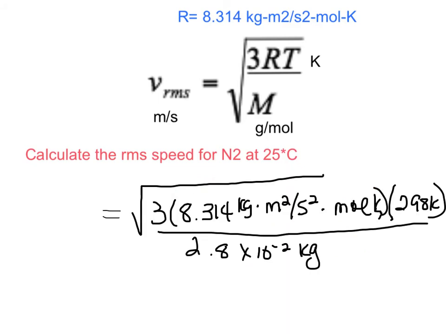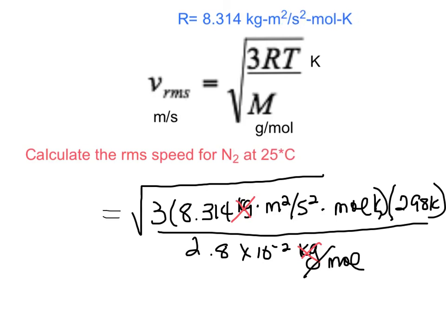And so as we get ready to solve this, let's take a look at how our units cancel. First of all, we have kilograms here in the denominator and kilograms here in the numerator, which will cancel. We also have moles in the numerator and moles in the denominator. We also have Kelvin and Kelvin, and that leaves us with meters squared per second squared after we take the square root of all of this.